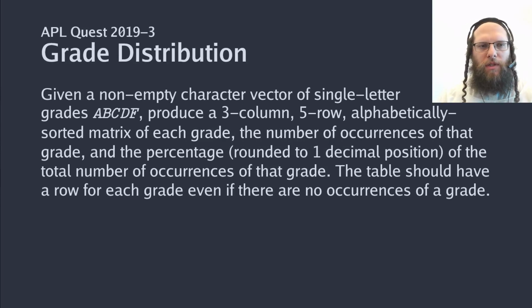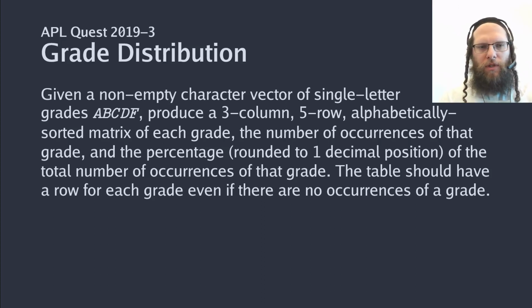Now we continue from the previous problem where we were making the grades, and here we compile some very simple statistics in a table on a given set of grades. So we are supposed to have three columns.